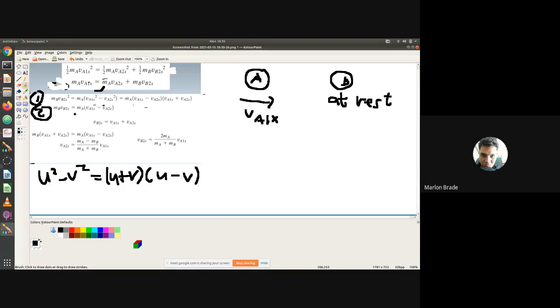So, what do we get? MBVB2x divided by MBVB2x gives VB2x, right? And on the other side, what remains is the plus part. So, MA cancels out, VA1x minus VA2x cancels out, and what remains is VA1x plus VA2x. So, we say that VB2x is equal to VA1x plus VA2x.